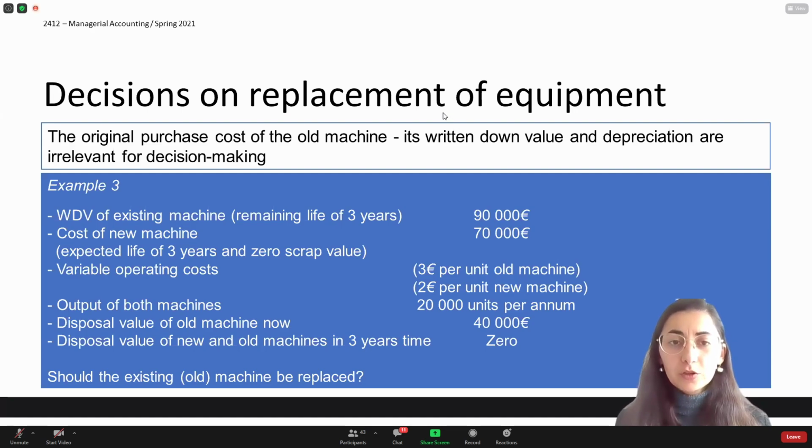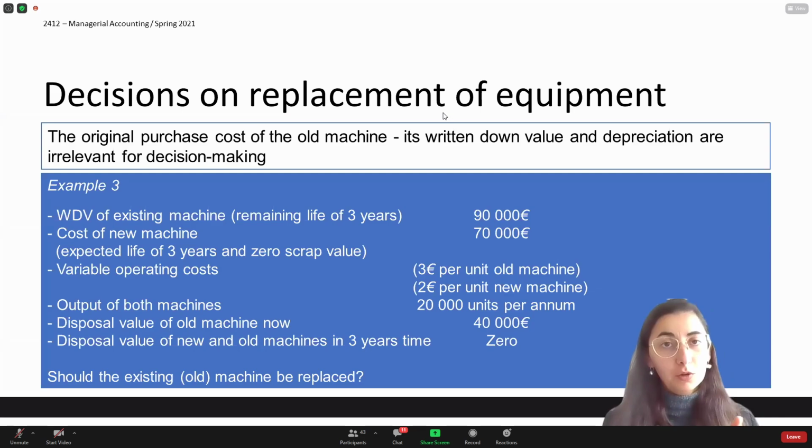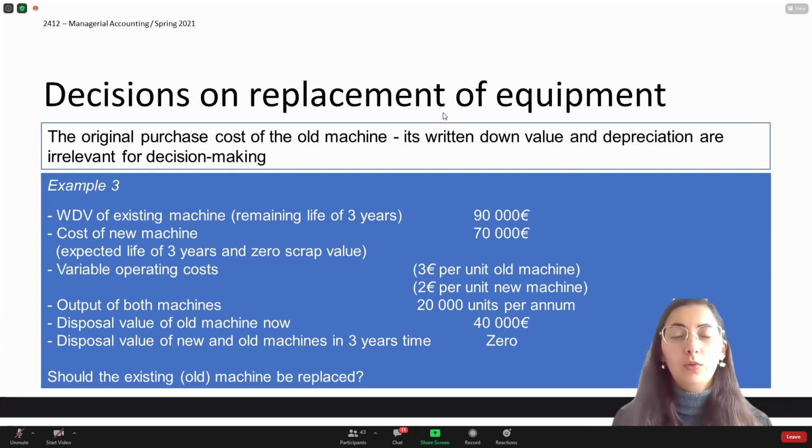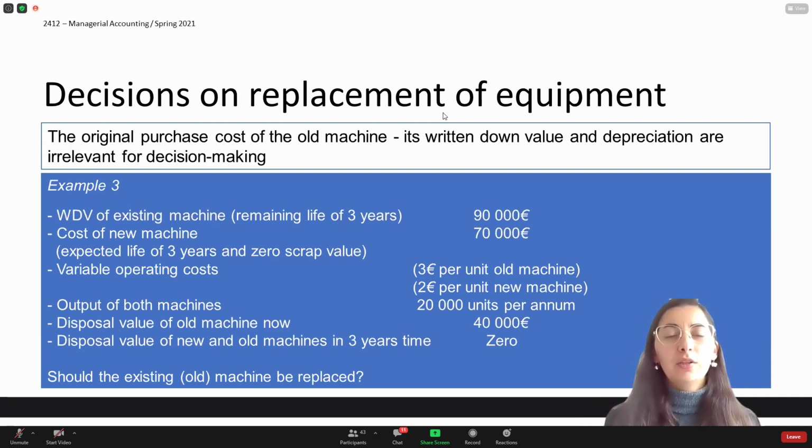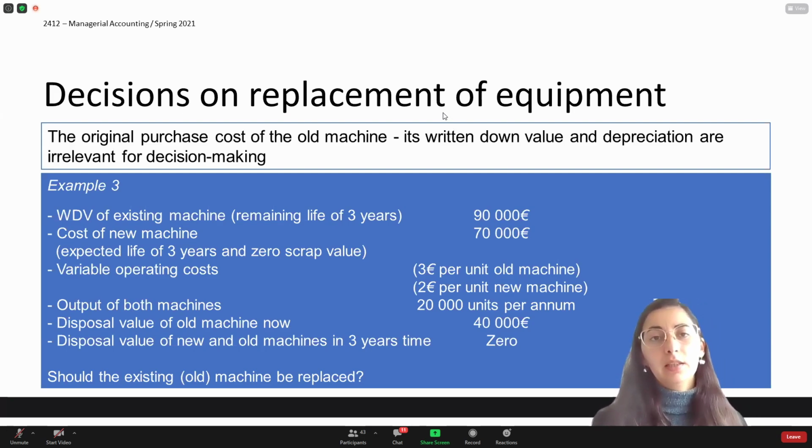Okay, so for the decision making, what we have to look at is what will happen in the future, what will be different between the alternatives, and what will imply a cash flow. So the book value, the written down value of the machine in the balance sheet, and the depreciation, that is irrelevant.